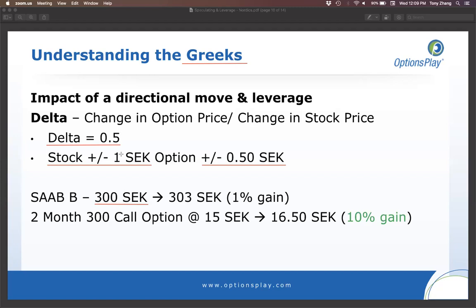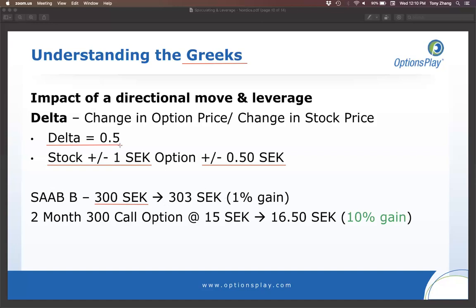So if you buy a call option on Saab, and let's say Saab is currently trading at 300 crowns, and over the period of owning that call option, the stock goes from 300 to 303 crowns, so it moves 1% higher. If the stock moves up 1%, how much money do you make on the option? You take the delta multiplied by the change in the stock. In this case, the stock went from 300 to 303, so that's a 3 crown move.